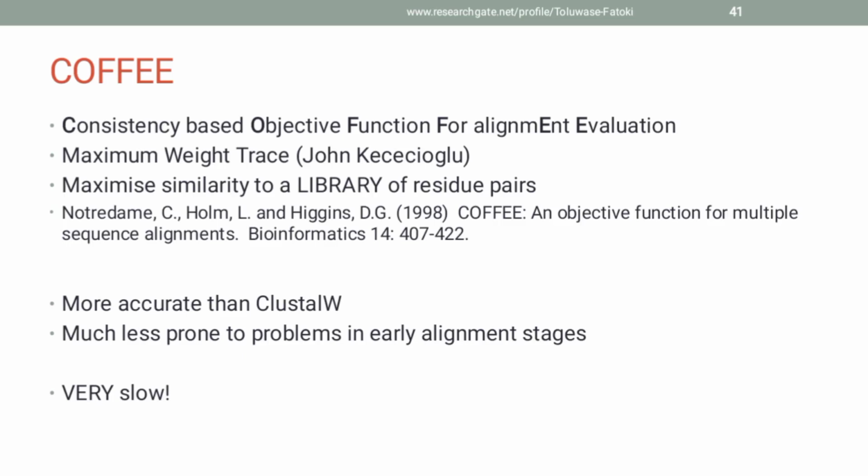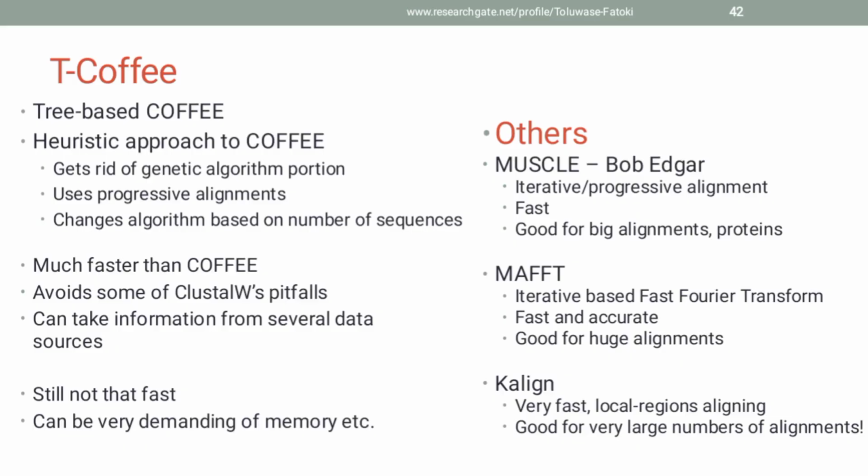Another tool is COFFEE, the Consistency-based Objective Function For alignment Evaluation. This particular COFFEE is an MSA tool and it's more accurate than Clustal W and much less prone to problems in the early alignment stage, but it works very slowly. The variant of COFFEE is T-Coffee, which is tree-based COFFEE.